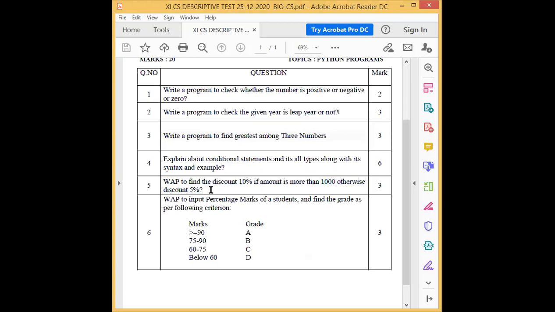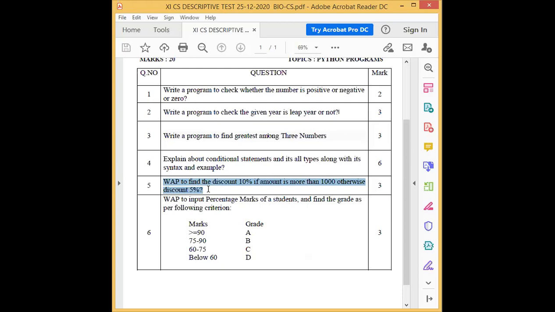Okay, then the fifth question: write a program to find the discount, 10 percent if the amount is more than 1000, otherwise discount 5%. Students, does anyone know how to write the program? What type of implementation do we need? What type of if statement?